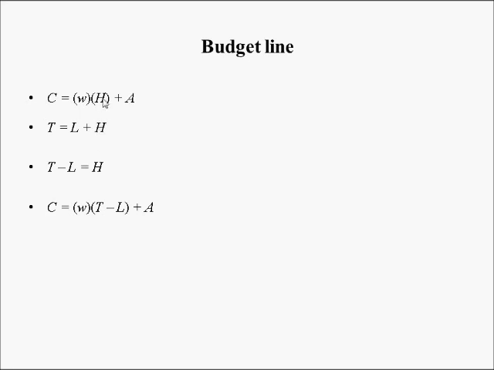Now all I did here is I took the H and I replaced it with what H equals, T minus L. So this is just W, wage, times hours worked plus an allowance that you might get from your mom or your dad. Or you might get it from government. Now C and L are the variables of interest here. C is on the y-axis and L is on the horizontal axis, and everything else is known.